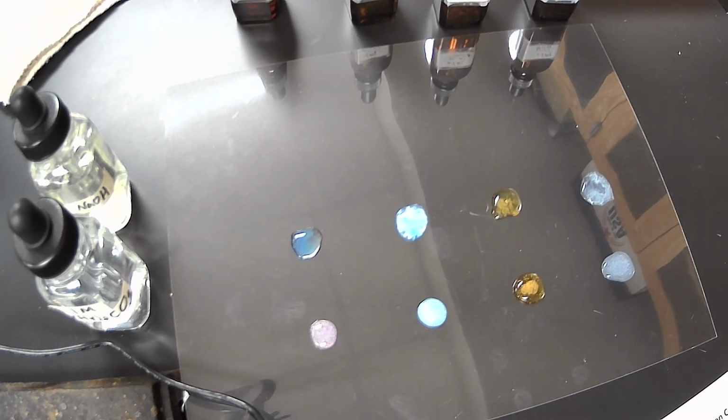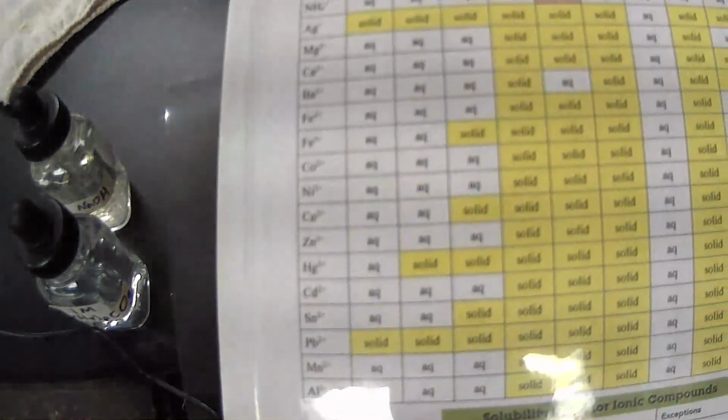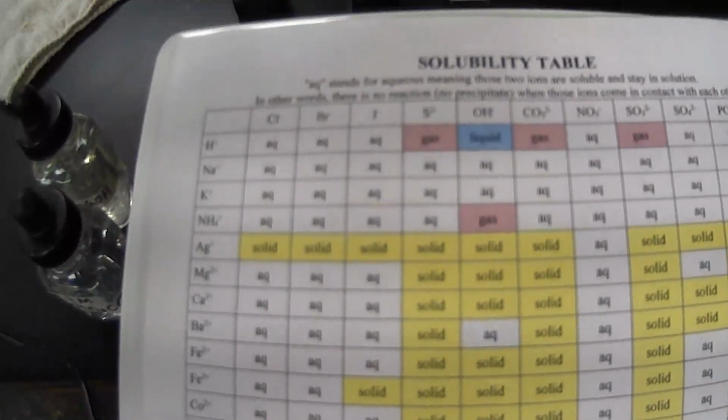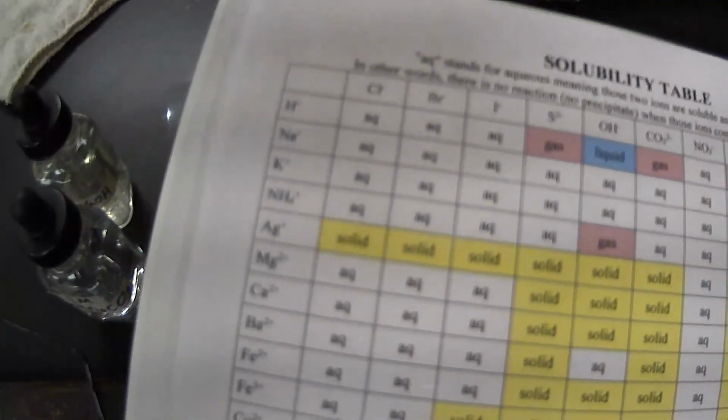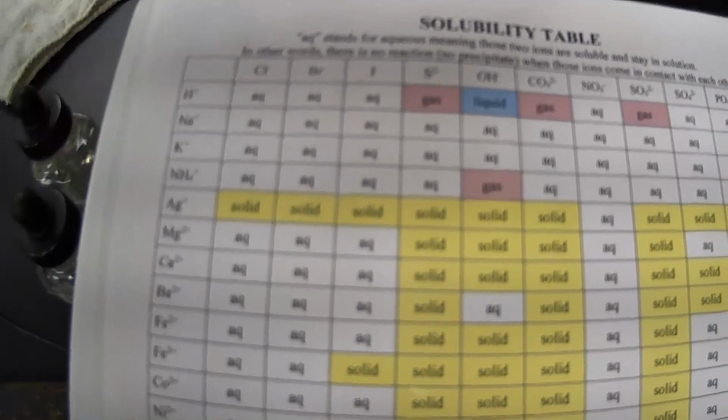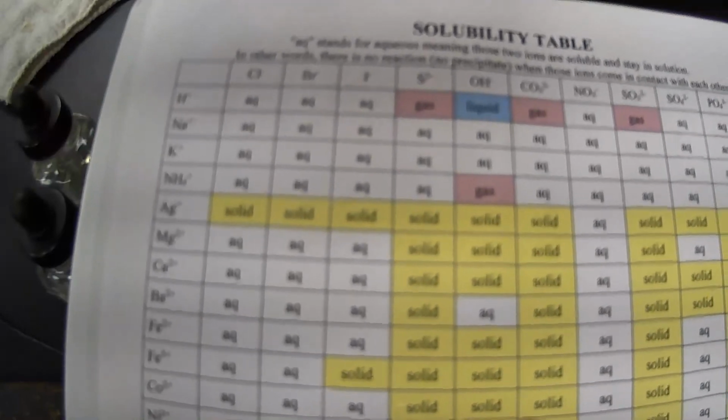So if we take a look, we should have a solubility chart. It looks very similar to this, and we'll make sure that this is connected to Canvas. So you're going to look at your metals. You're going to look for those down. Say, here's cobalt 2 chloride here. You're going to look for your product, which in this case, for our first one, it's a hydroxide.